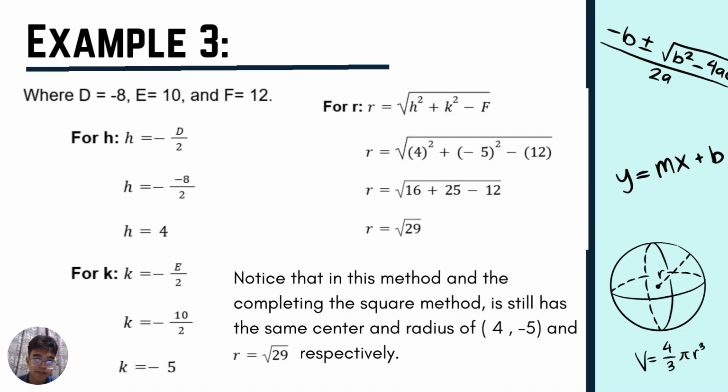That gives us 16 plus 25 minus 12, and 16 plus 25 minus 12 is 29. Therefore, our radius is equal to square root of 29. Notice that this method and the completing the square method give the same center and radius. The radius is square root of 29 and our center is located at (4, negative 5).